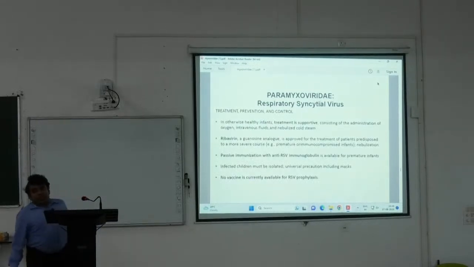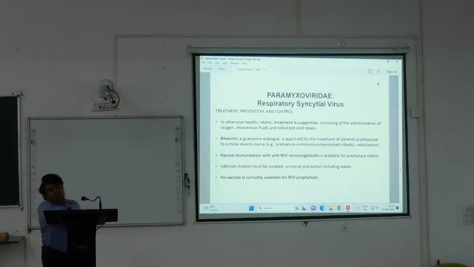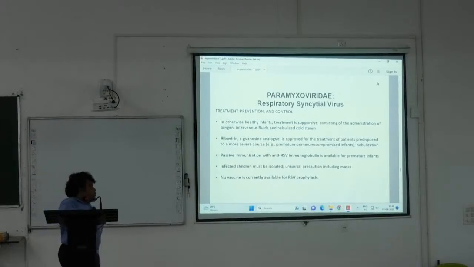In infants, if there is infection of RSV, the treatment is mainly supportive, and if the infection is severe, ribavirin can be used and passive anti-RSV immunoglobulin can be used. No vaccine is approved till now.